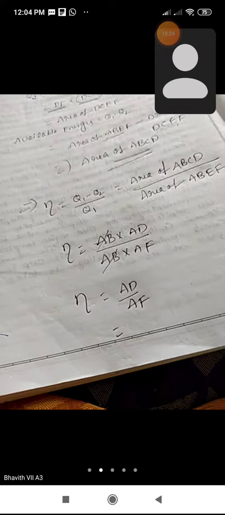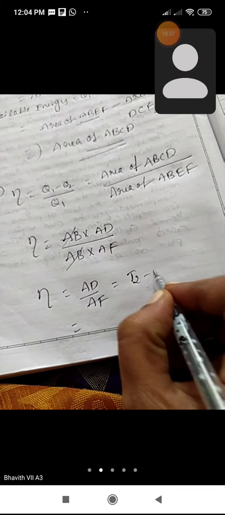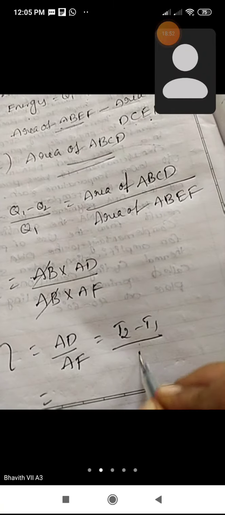From this diagram, AD is the length T2 minus T1. So in place of AD, we replace T2 minus T1, divided by AF. What is the value of AF? This total length is nothing but T1, so in place of AF I write T1.